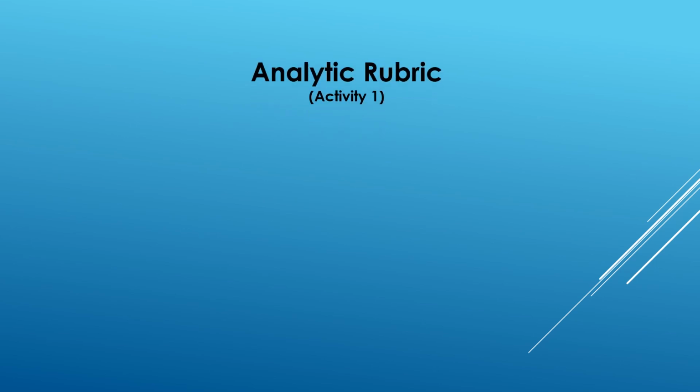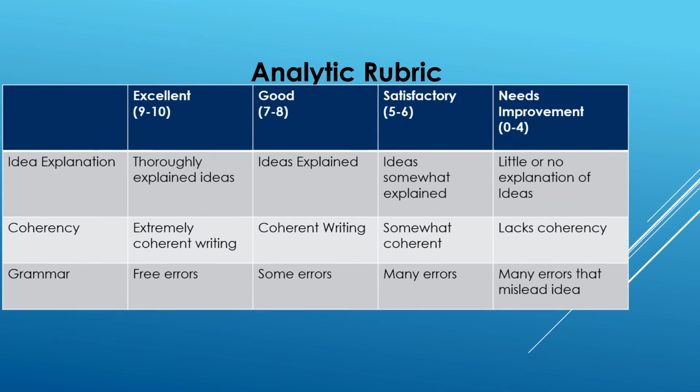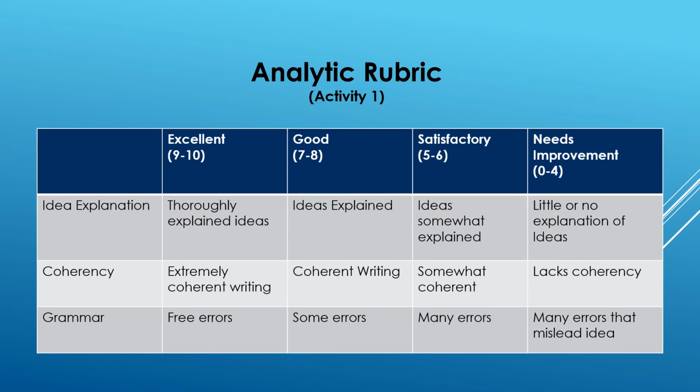So we have here the rubric. So these are your score. Your score will be 9 out of 10 if the ideas are thoroughly explained, with extremely coherent writing and grammar free of errors. Your score is between 7 to 8 if your ideas are explained, coherent writing, there are some errors.